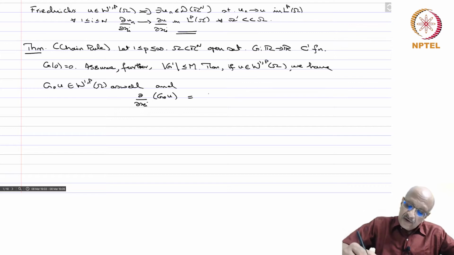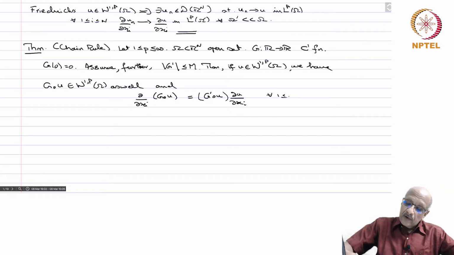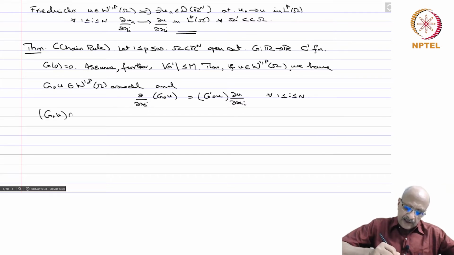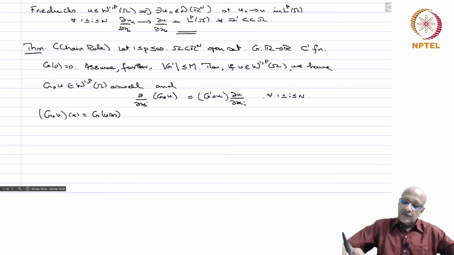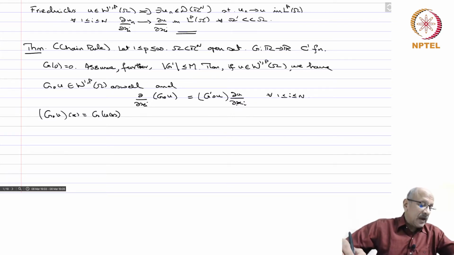So you have g' composed with u, times ∂u/∂x_i, for all 1 ≤ i ≤ n. So what is g composed with u at any x? This is g(u(x)). So you see, this is the function of a function rule or the chain rule. If you want to differentiate this in normal calculus, you would have done g'(u(x)) times ∂u/∂x_i, and that's exactly the formula which we have in mind here.